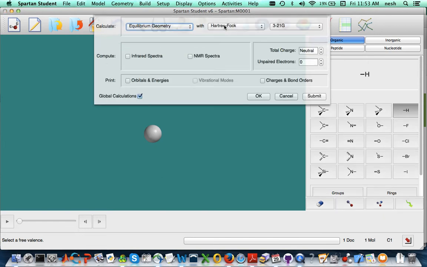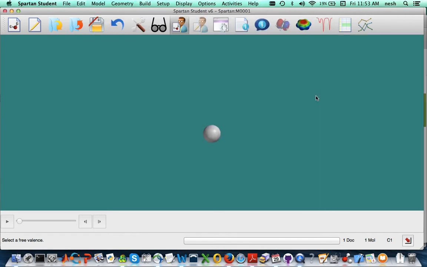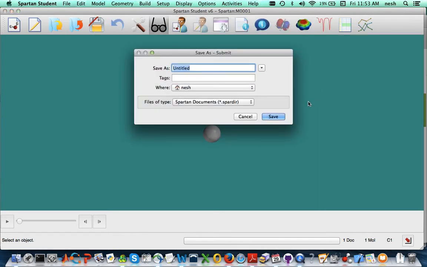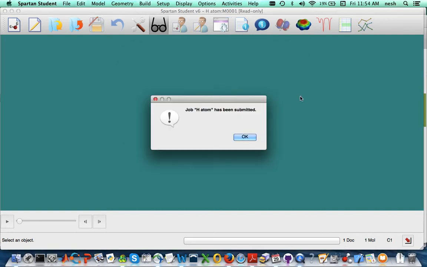And now you can go to the calculation icon, and we want to do this at the B3LYP level. And the other sort of tricky thing is that hydrogen, a lone hydrogen atom, has one unpaired electron, so we have to select that. And I'm just going to call that a hydrogen atom and get going on that.